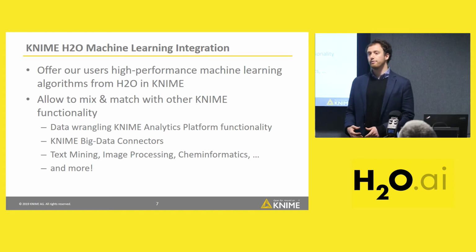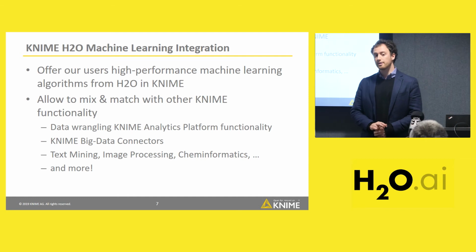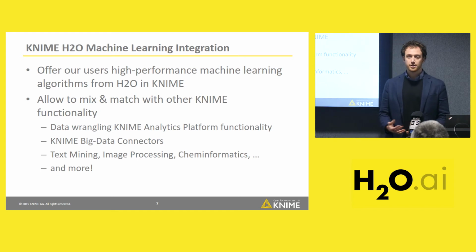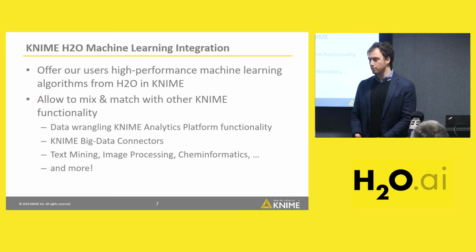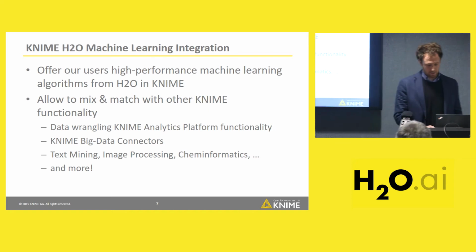Another thing is if your domain is not just a standard tabular format. So for example, if you're using text, like documents, or chemical formulas, or images, we have those nodes that you can use to process that. And when it's the time to train your machine learning model, then you feed it to the H2O nodes, right? So how do they look, those H2O nodes?